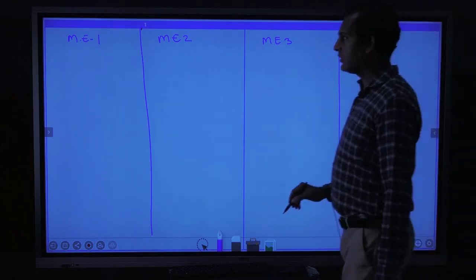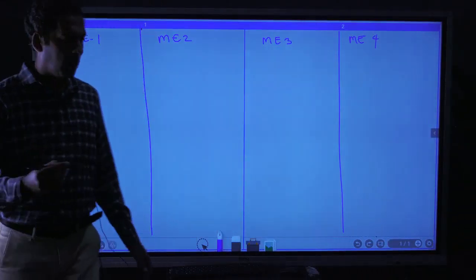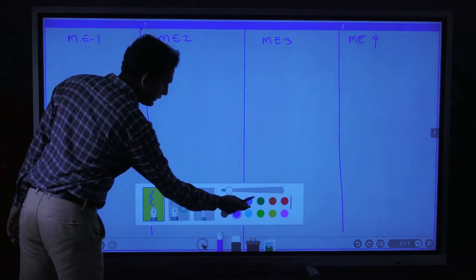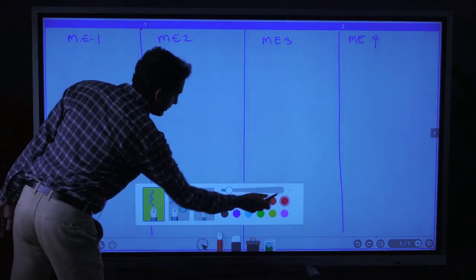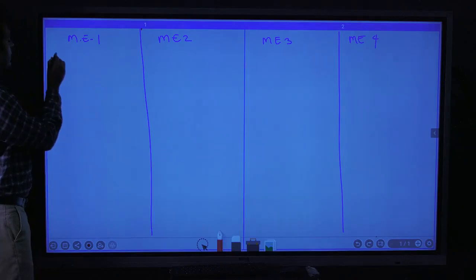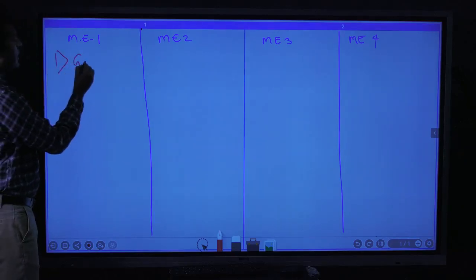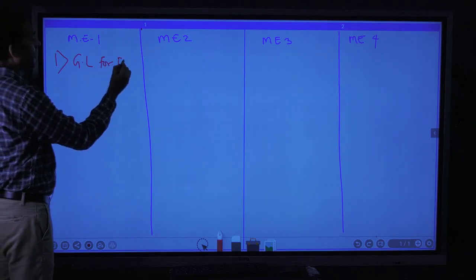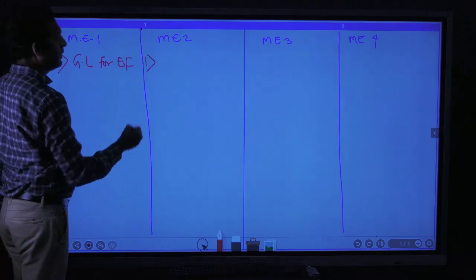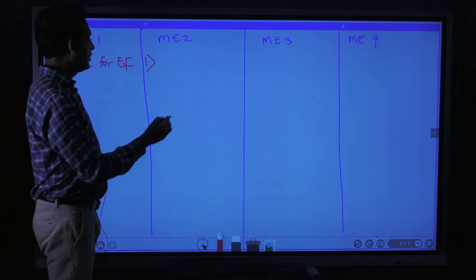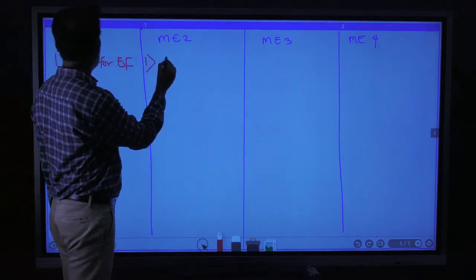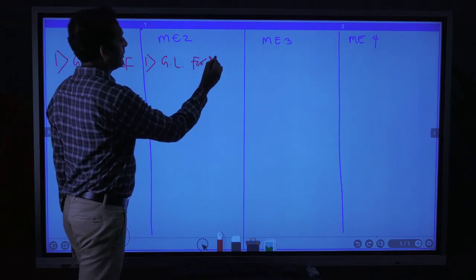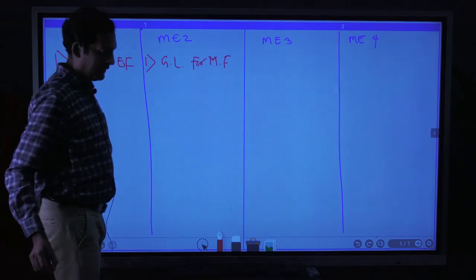First one is related to Gauss law. Which Gauss law? Gauss law for electric field. So here we have to remember that. The second one is also called Gauss law, this time for the magnetic field.